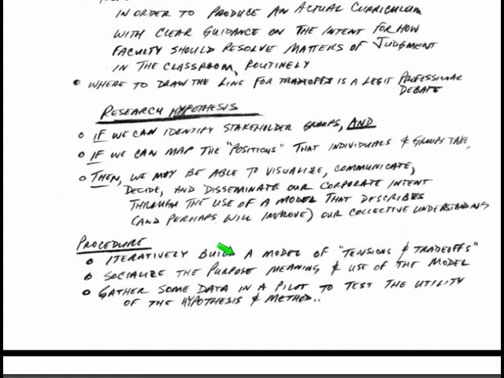collectively as professionals. So if that research hypothesis makes sense, I then say the procedure for doing that would be, well, first I want to build a model that collects all these tensions, what I call tensions and trade-offs, and do it iteratively with other people that are interested in the area, and then socialize that model with others to make sure that they understand what we mean before we use it and that they can improve it, and now they have some ownership in that model and then they're more likely to participate.